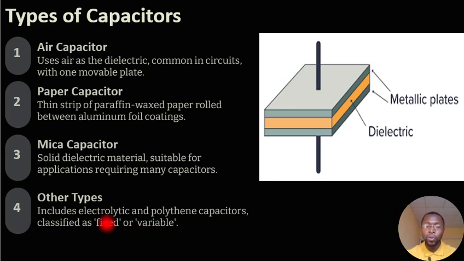But for a fixed capacitor, if it is a 10 microfarad capacitor, that is it. You can't change it. But the variable one can change from one form to the other by just switching it from a bigger capacitance to a smaller capacitance. Right? So these are the different types of capacitor we have based on the dielectric between them and also based on their design, whether it is fixed or variable.